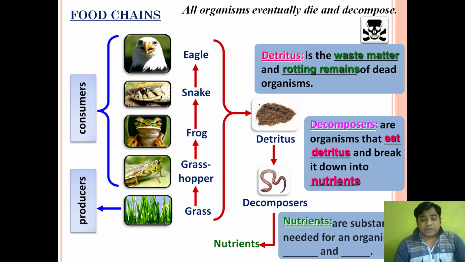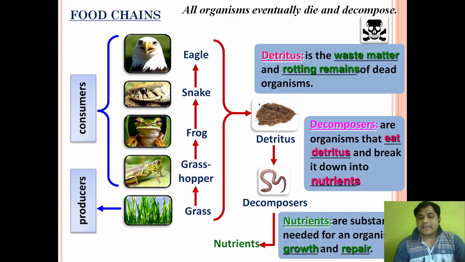So what are nutrients? Nutrients are substances needed for an organism's growth and repair, and these nutrients are taken by the green plants from the soil, and the cycle restarts again. That is the food chain.